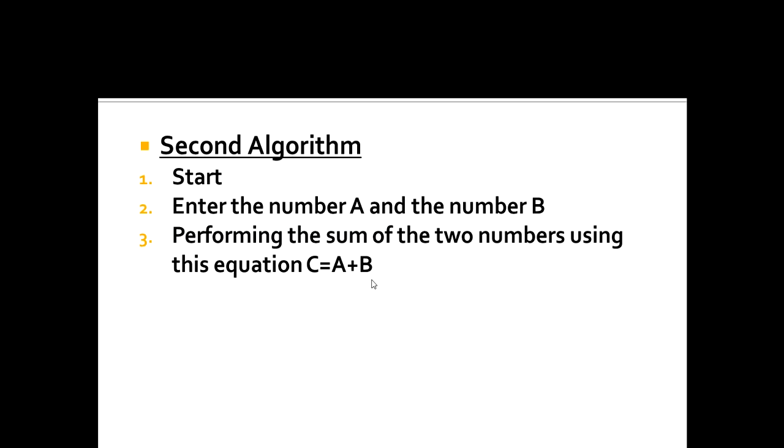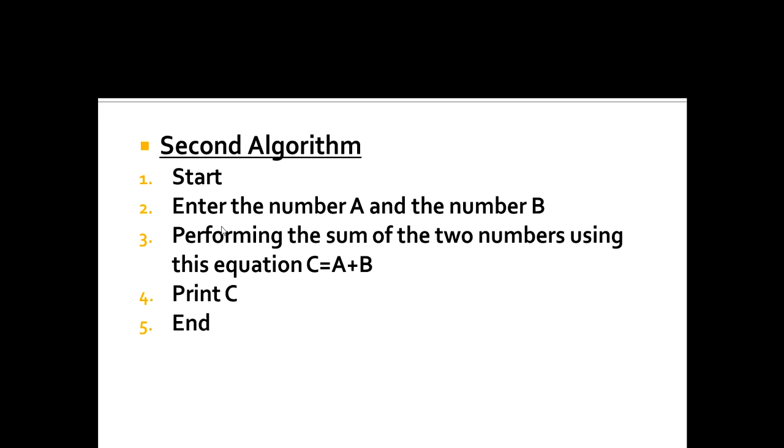1 start, 2 the inputs with the keyword enter, 3 the equation or the process. What do you think number 4 should be? Guess. Yes, it should be the output. So for the output, we're going to use the keyword print. So print C, or output the result. So finally, end. 1 start, the final step should be end. The first step start, the final step end.